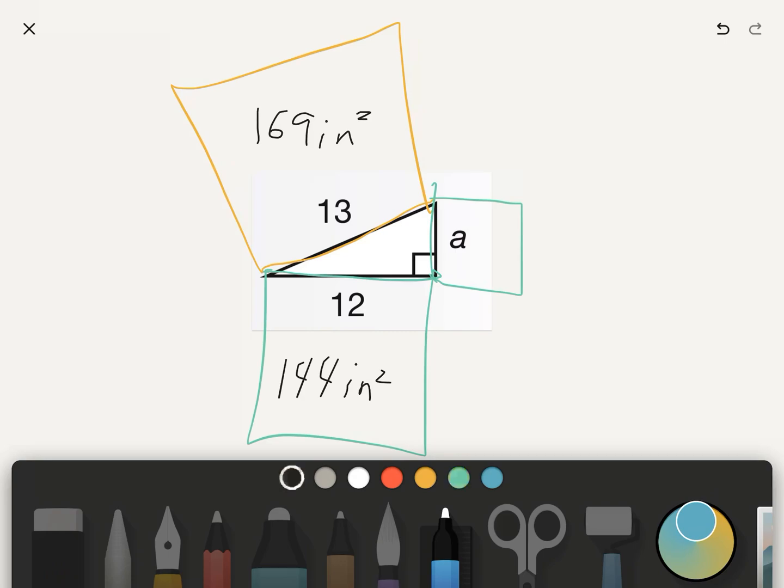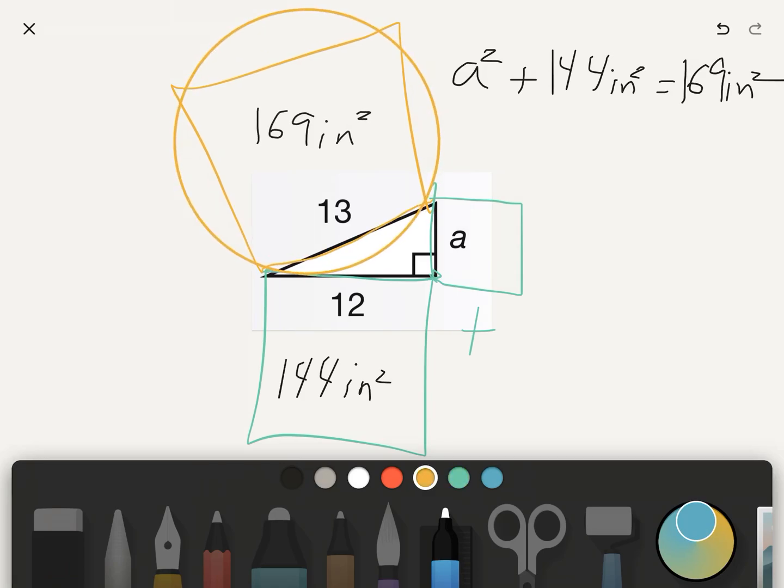So our equation is actually that A squared plus 144 inches squared equals 169 inches squared, because 144 plus our A squared will add up to that.